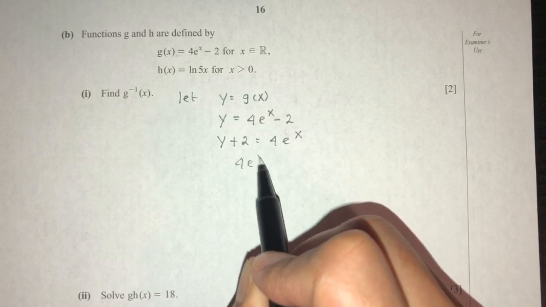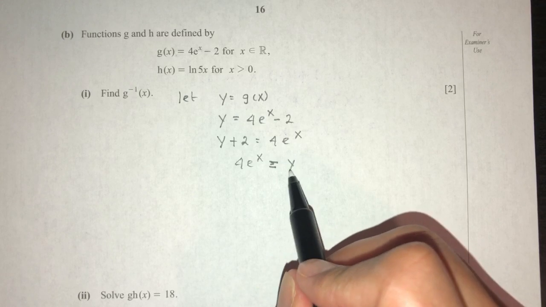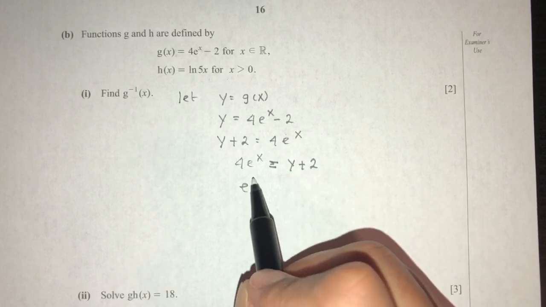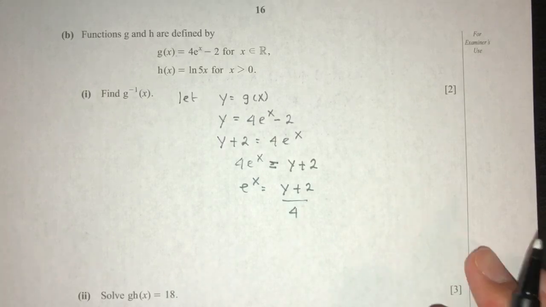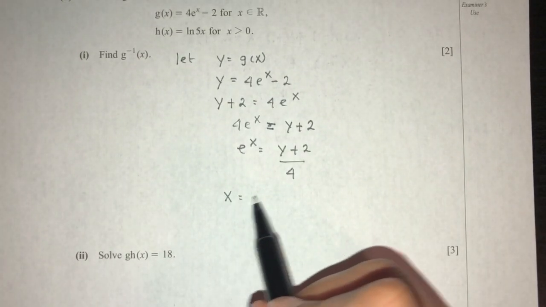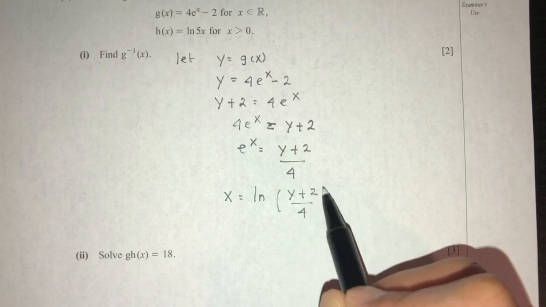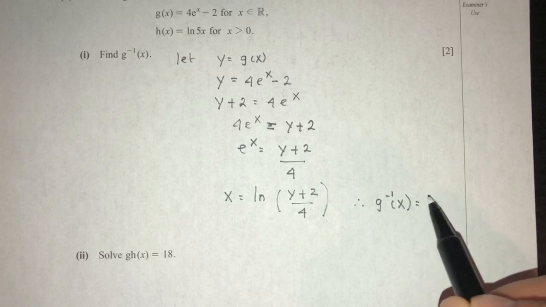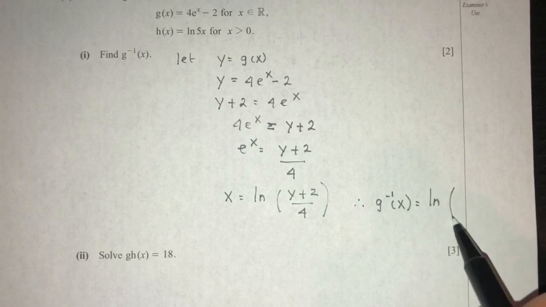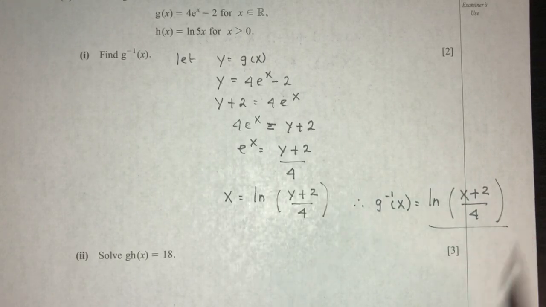So exponential x has to be y plus 2 divided by 4. So x has to be ln of y plus 2 over 4. So finally, g inverse of x has to be ln of x plus 2 divided by 4. That will be your answer for part 1.